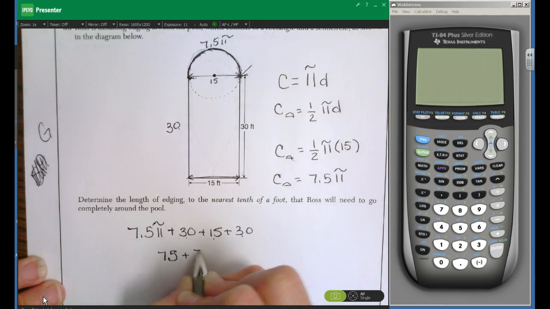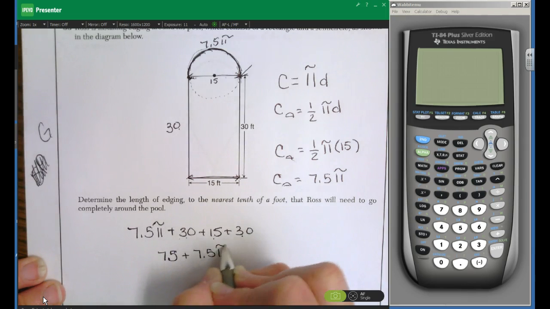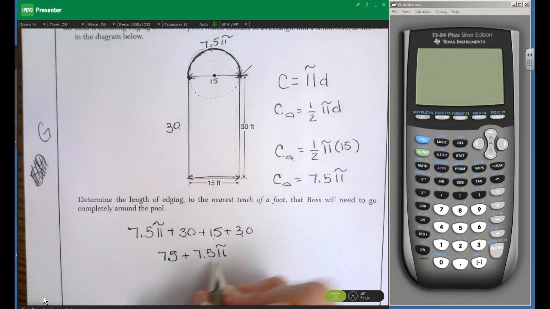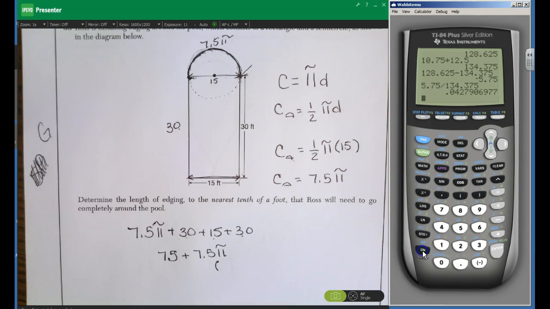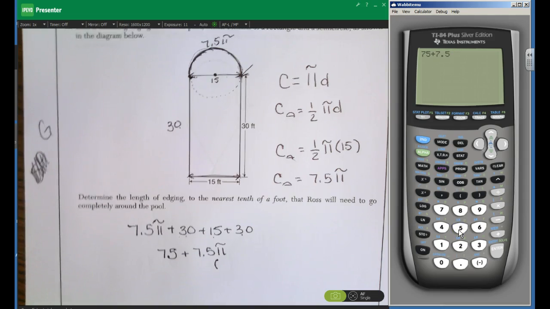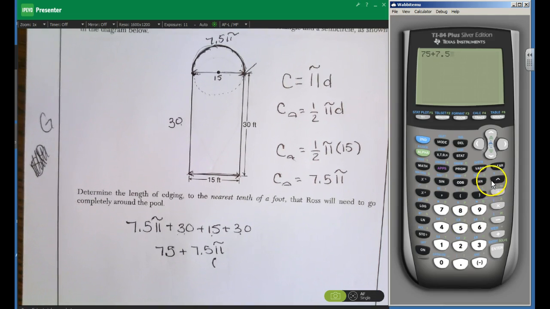The Regents wants us to use pi, so let's hit clear on my calculator. 75 plus 7.5 times pi. There's our pi right here, so I'm going to hit second and get my pi and hit enter.